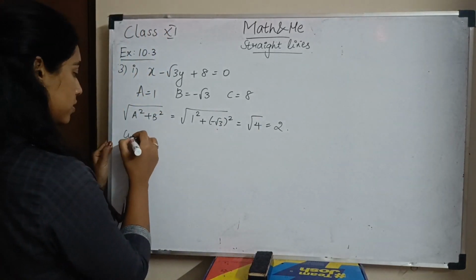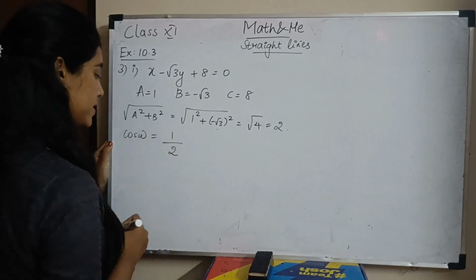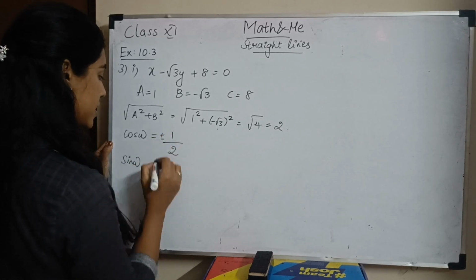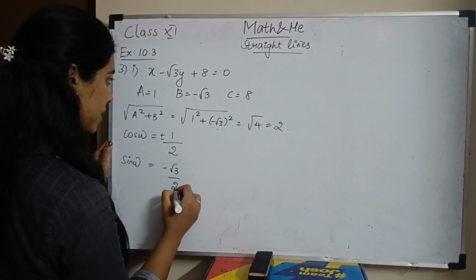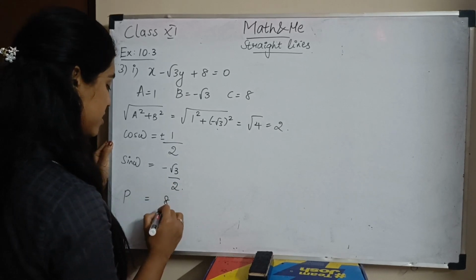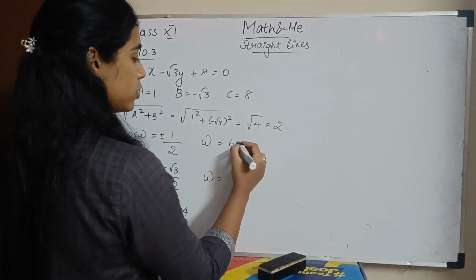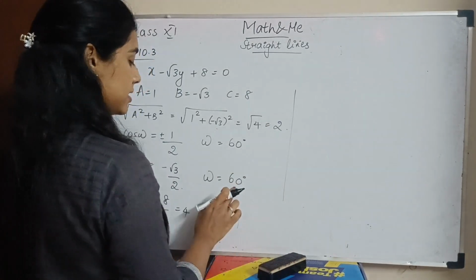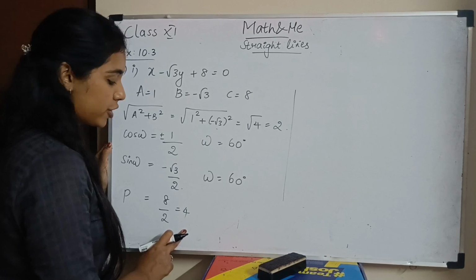So you have cos omega equals a divided by root of a square plus b square, and sin omega is minus root 3 divided by 2, and you have p, which is 8 divided by 2 equals 4. Your omega will take the value 60 degrees. So basically the angle is 60 degrees. Distance of the perpendicular from the origin is 4 units.